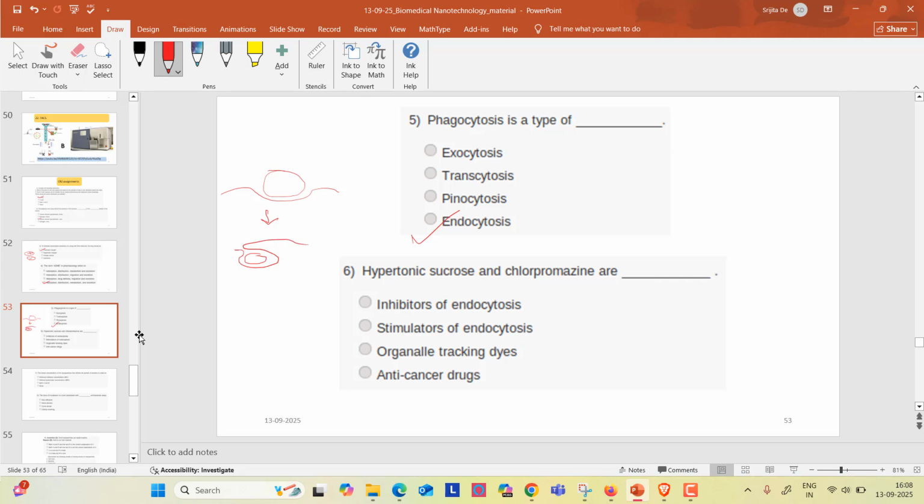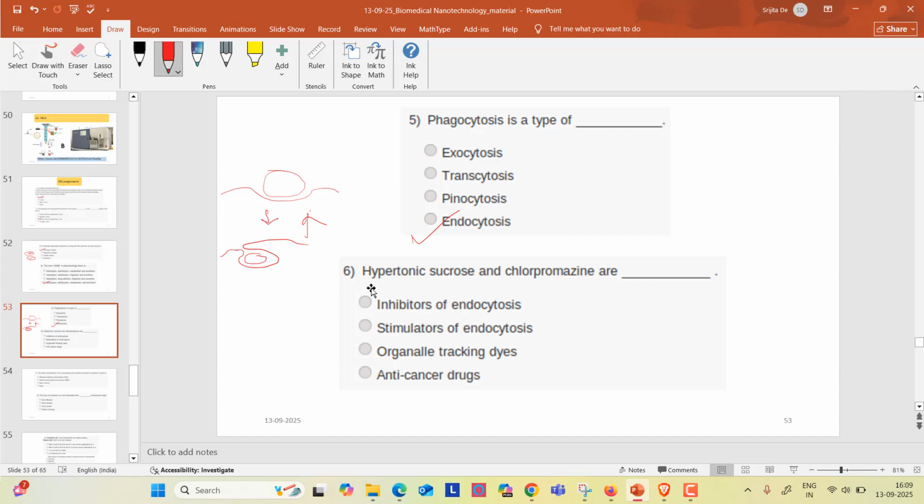This is the gobbling of the particle by the cell, so this is endocytosis. That means nanoparticles or some molecules are gobbled up and come into the cell. When molecules go out from the cell membrane, the direction of this phenomenon is opposite, and that is exocytosis. So the right answer is endocytosis.